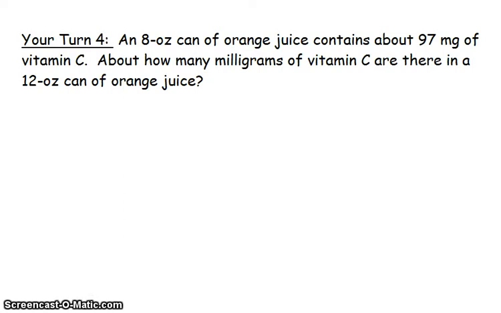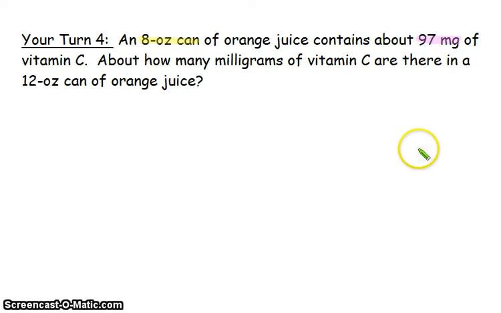The first sentence tells me an 8-ounce can of orange juice contains about 97 milligrams of vitamin C. So just like in the last problem, I've got two different units that are being compared to each other. The first unit I have is ounces, an 8-ounce can of orange juice. If you have 8 ounces of orange juice in this can, then you have about 97 milligrams of vitamin C.